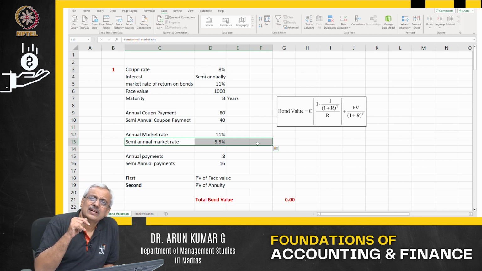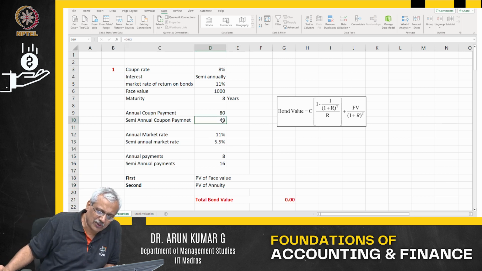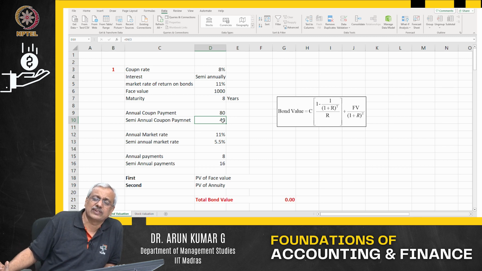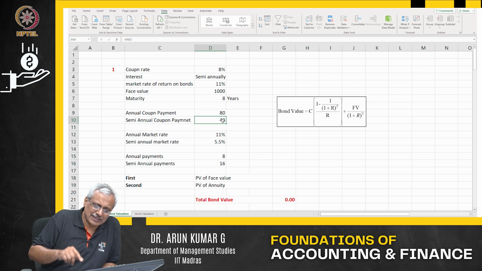Please note, the interest you are getting every 6 months gets compounded again, because the $40 you get on 30th of June, imagine 30th of June and 31st of December, you have the option of reinvesting that $40 for the next 6 months at the annual rate of about 11%, or you can earn about 5.5% on that $40 for the next 6 months.